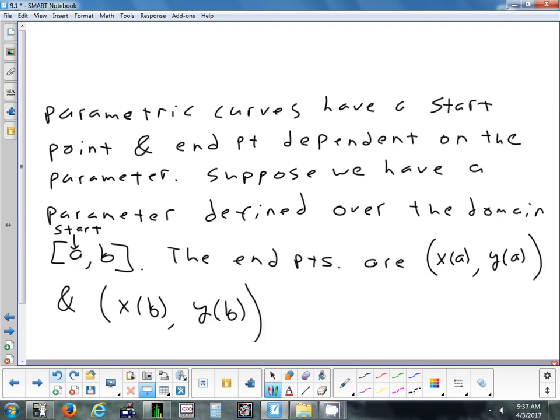If you plug A into the function that generates the x's, and then plug A into the other function that's generating the y's, that'll give you your start point. B is going to control the other endpoint. If you plug B into your formula that's generating the x's, and then into your formula that generates the y's, that'll give you your endpoint.